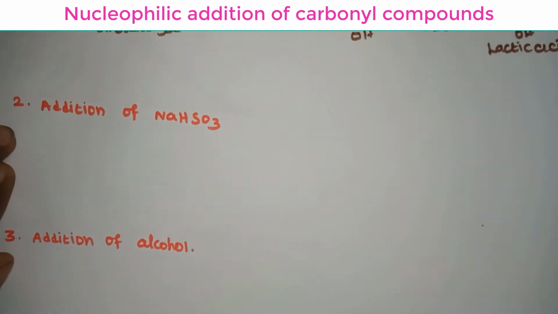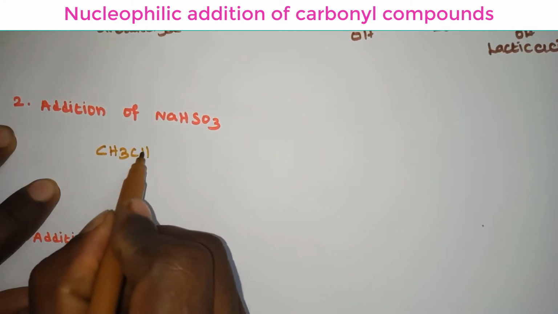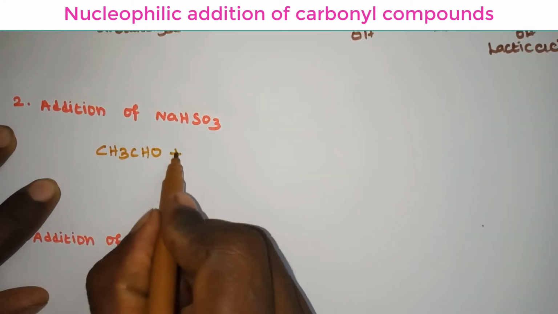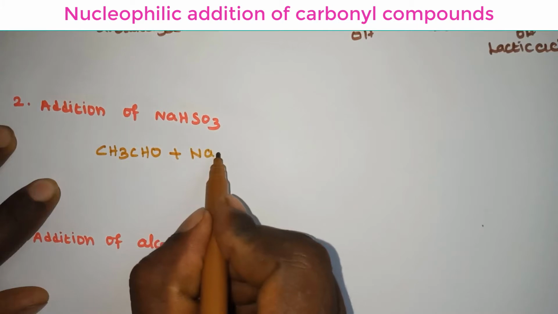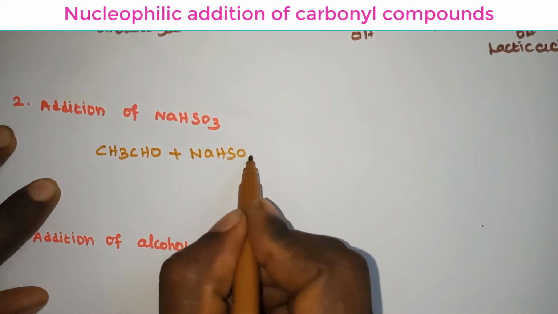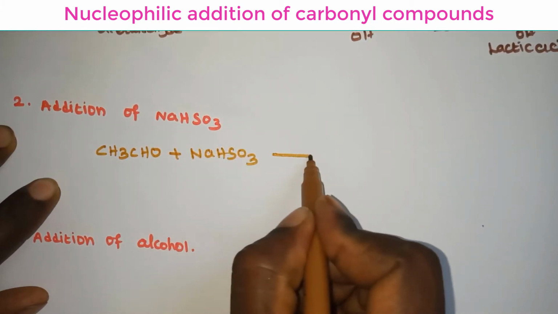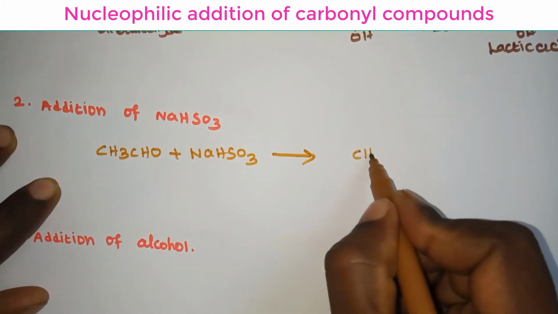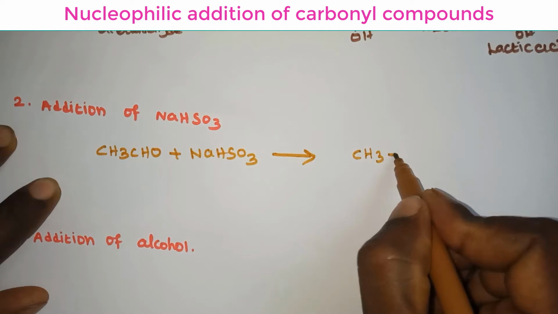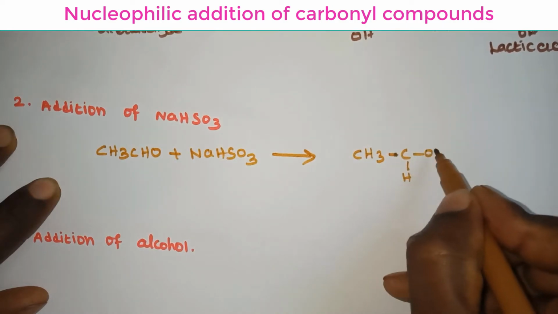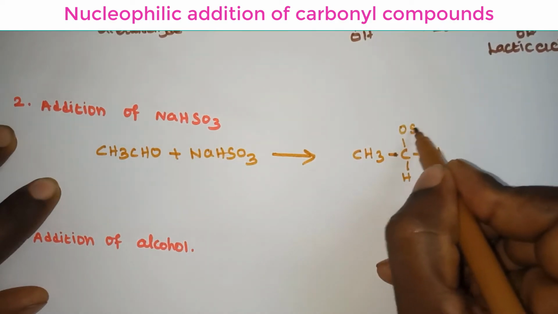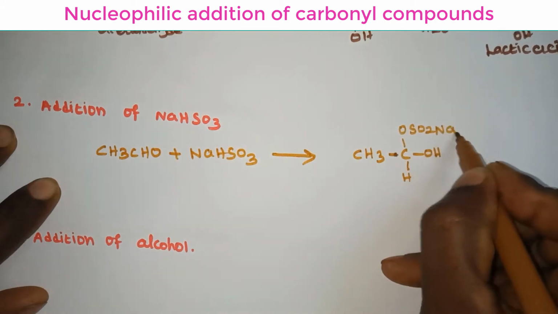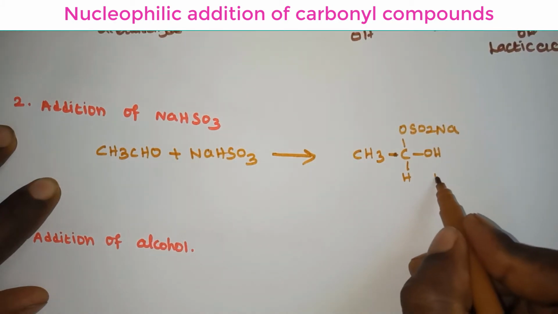Second reaction, addition of sodium bisulfite. This is acetaldehyde, CH3CHO. It adds to sodium hydrogen sulfite to form a bisulfite compound, CH3 CH(OH) SO3Na. The name of this compound is a bisulfite compound.